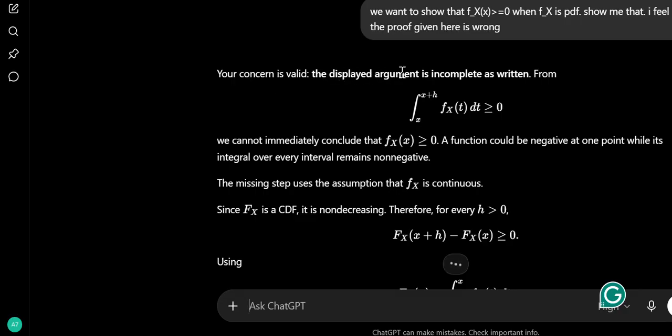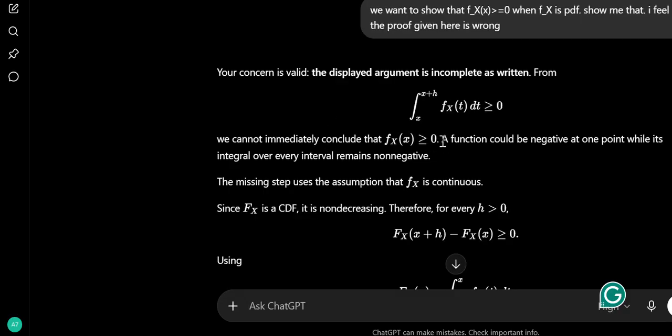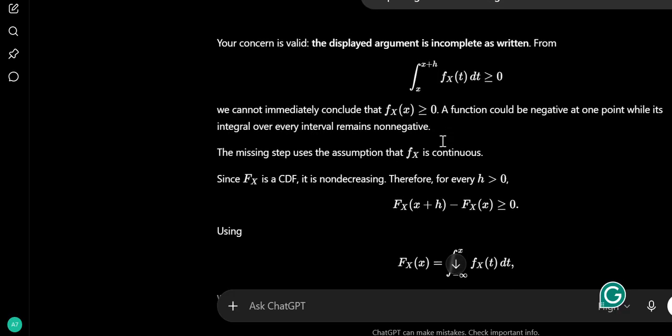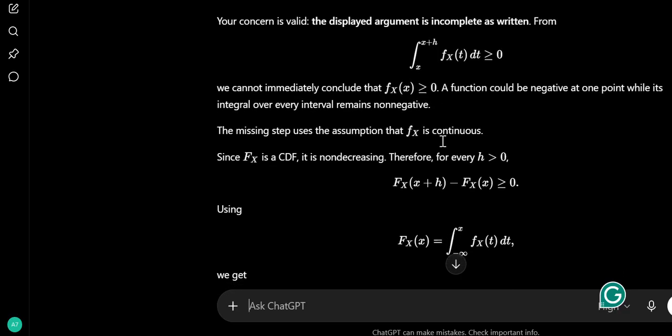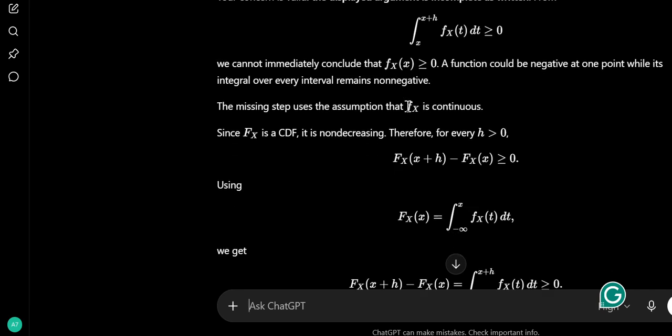Your concern is valid. The displayed argument is incomplete as written. From this non-negativity, we cannot immediately say f_X(x) is non-negative. A function could be negative at this point while its integration over every interval remains non-negative.